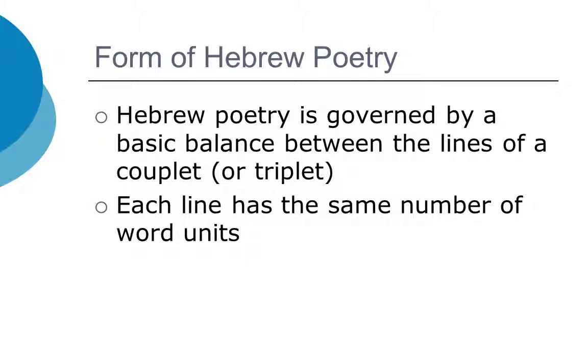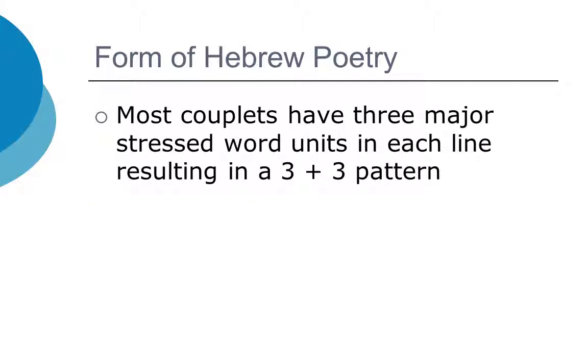One other feature that is lost to us in translation has to do with the balance between the lines. In Hebrew poetry, each line has the same number of word units. Most couplets have three major stressed word units in each line, and so you get a 3+3 pattern.